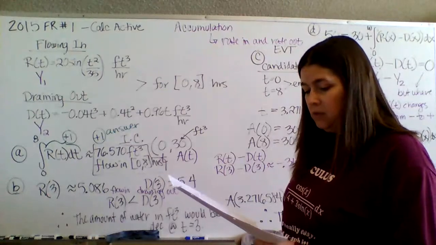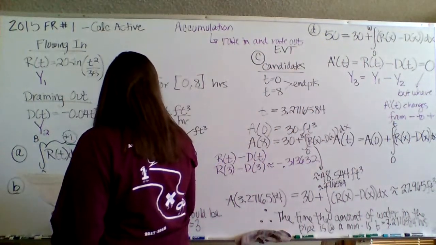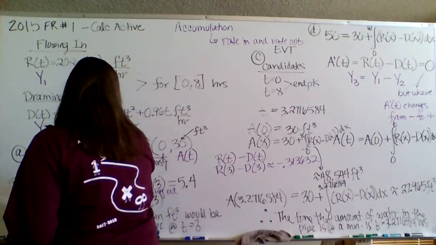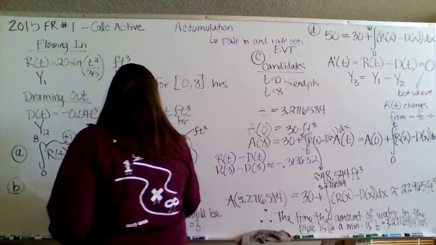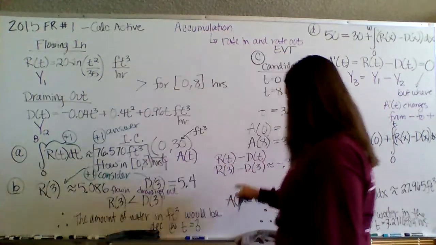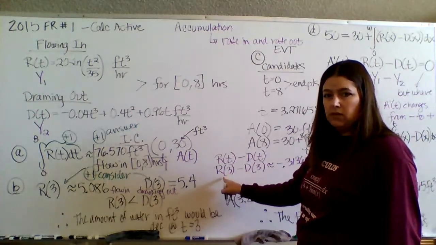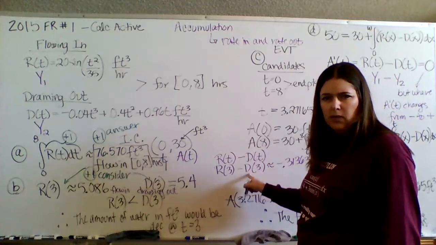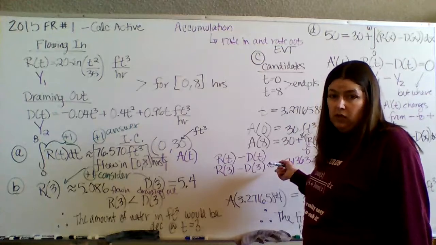Okay, part B is also 2 points. So you got a point for considering R of 3 and D of 3. You could have considered them, like I did, individually, and then compared them. Or remember, you could have thought, well, R of 3 minus D of 3: at time 3, this is the rate coming in, and at time 3, this is the rate going out. I'm going to subtract them and see whether I get a positive or a negative value. If I get a positive, then I know the amount of water is increasing at that time.